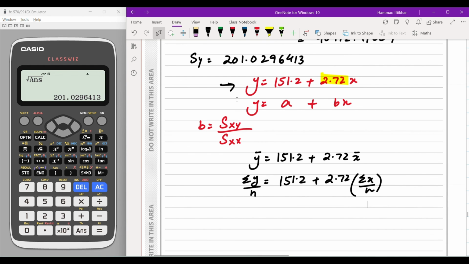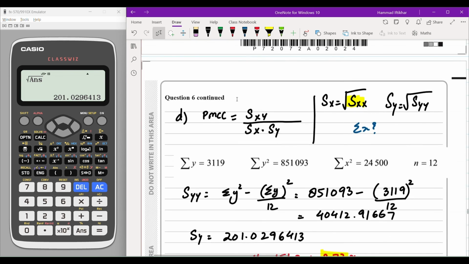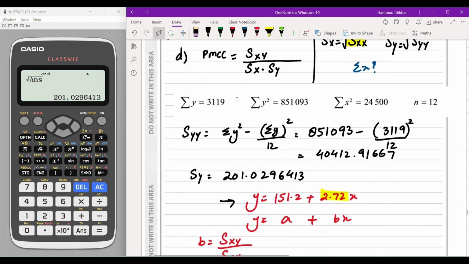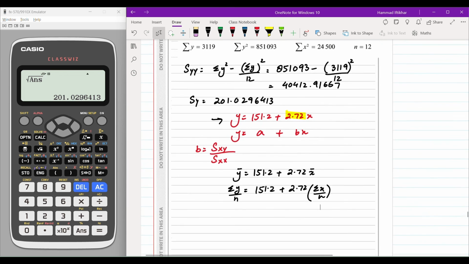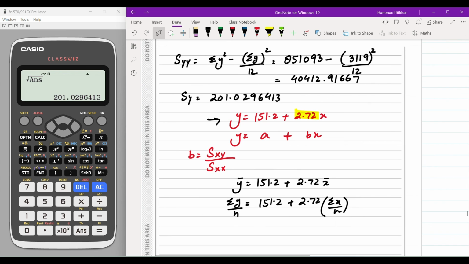We had 3119, so 3119 over 12 equals 151.2 plus 2.72 sigma x divided by 12.